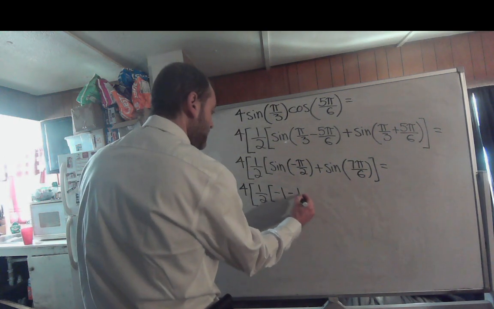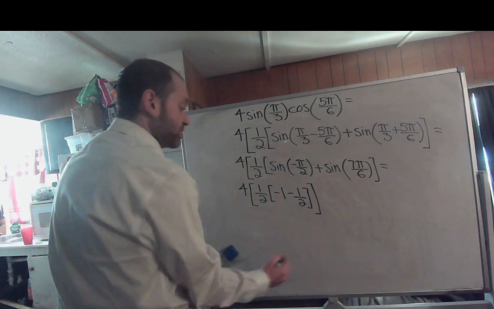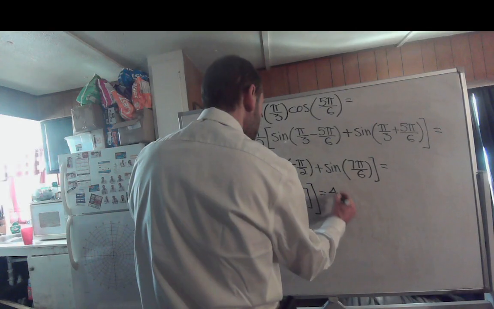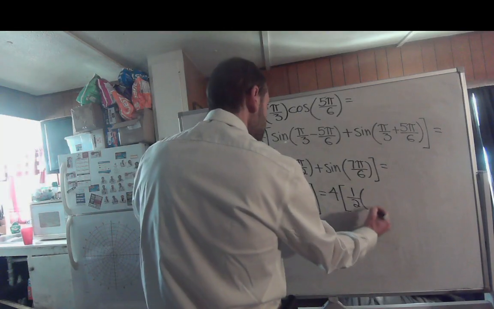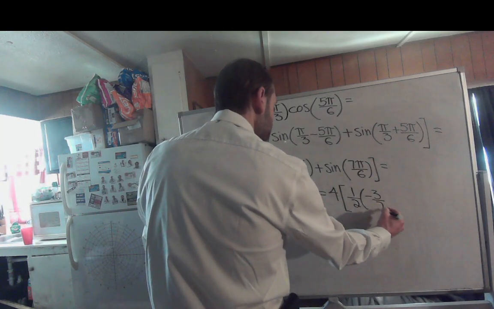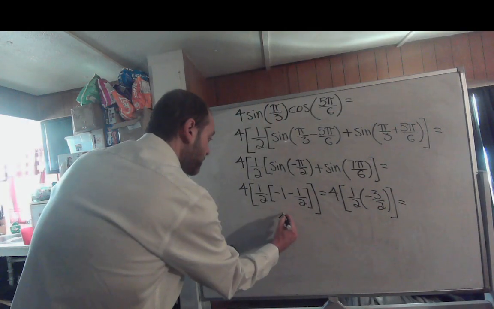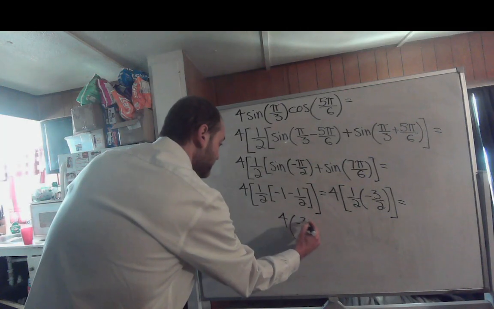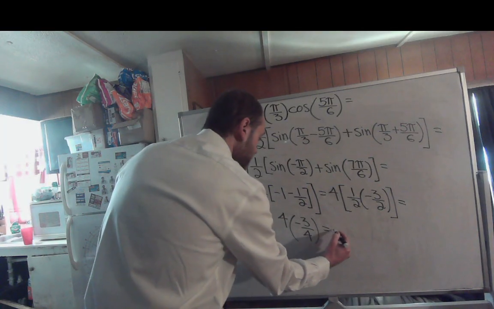So this would be minus 1/2, which would simplify into 4 times the quantity of 1/2 times negative 3/2, which should end up giving you 4 times negative 3/4, or simply negative 3.